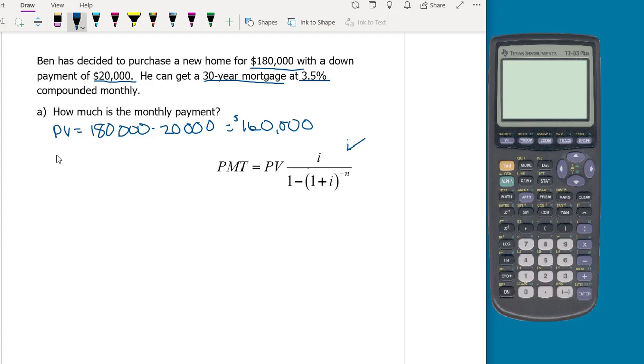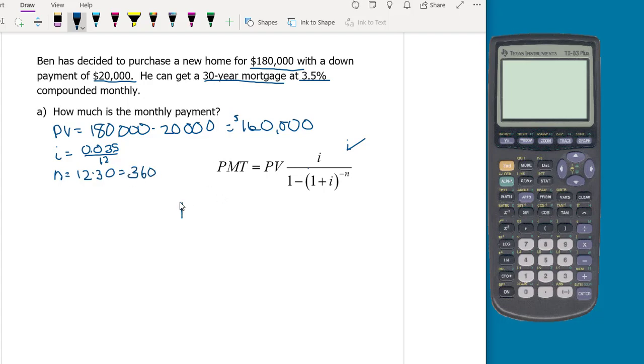We also know that the interest rate is our annual interest rate divided by our number of times per year that we're compounding, so it's going to be 0.035 divided by 12, and our N is our number of times per year we make payments times the number of years. So it's 12 times 30, which is going to be 360.